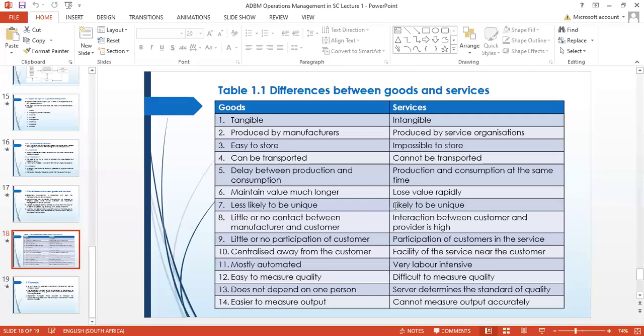And then for service, server determines the standard of the quality, the one person. Lastly, number 14, it's easier to measure the output of products and cannot measure the output of a service accurately. These are the differences between goods and services.